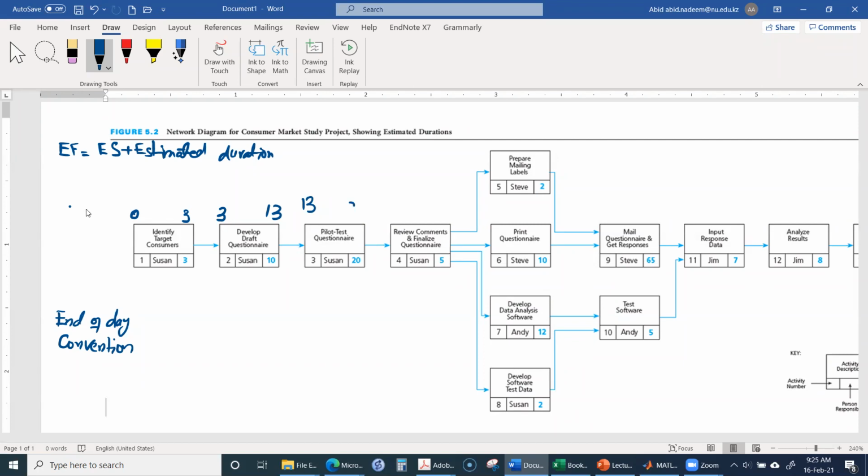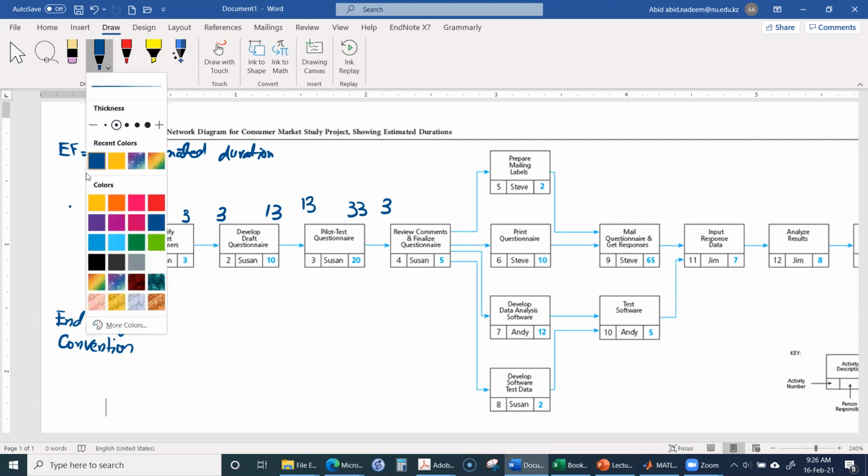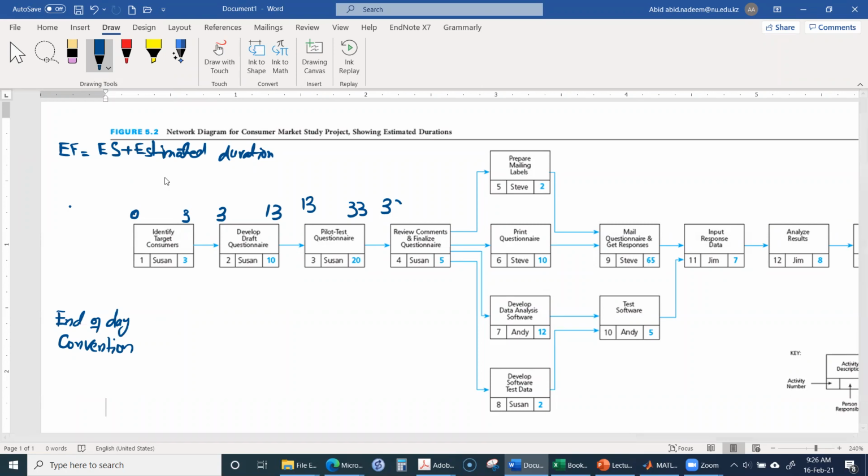For the next activity, it will be 33, not 37. It's not simply that we are just adding this; this is just the activity number. Therefore it will be the same as 33, and 33 plus 5 is 38.